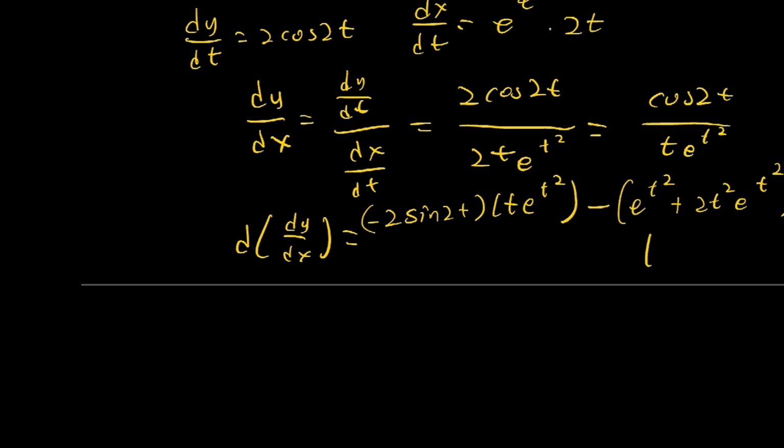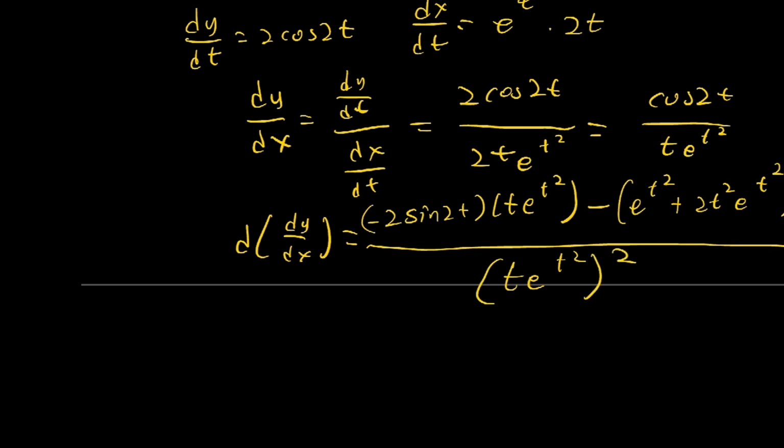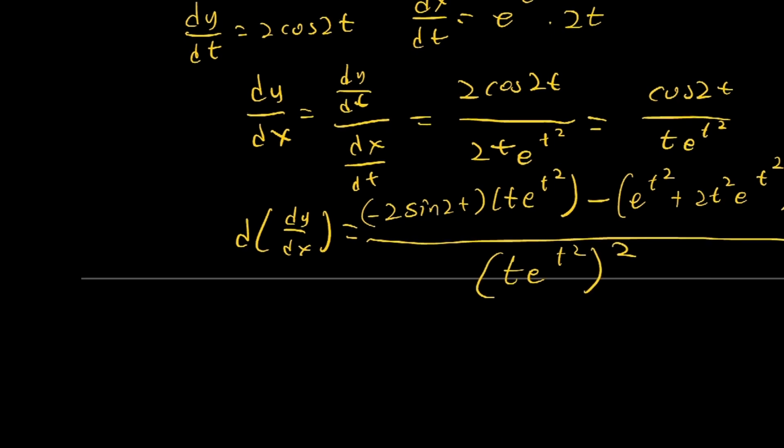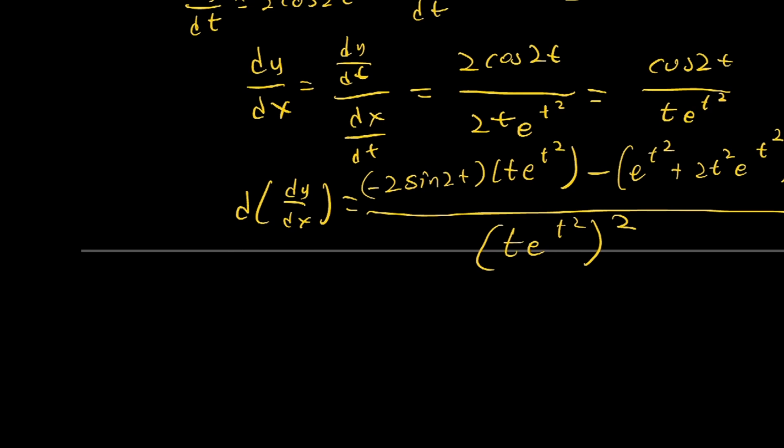And of course, we just need to multiply that by cosine of 2t and divide all of this by t e to the t squared, all of that squared. So this is going to be the derivative of our dy/dx.